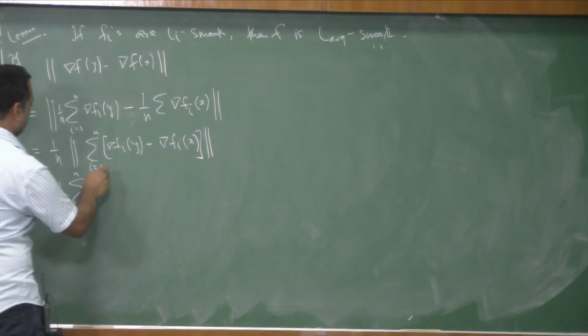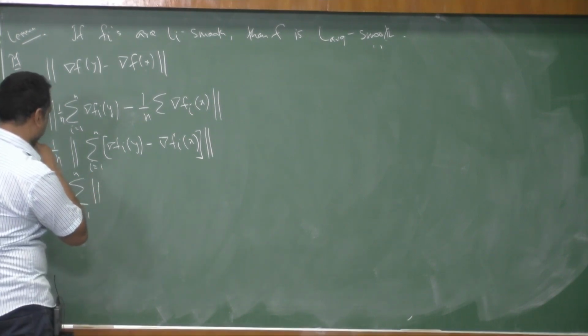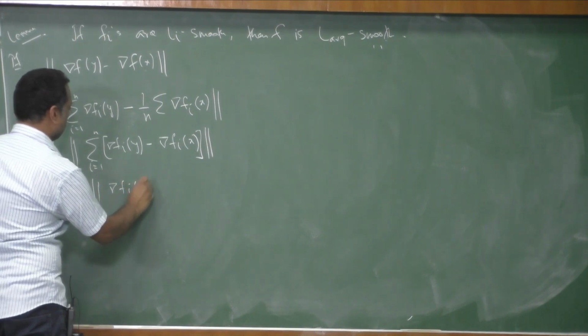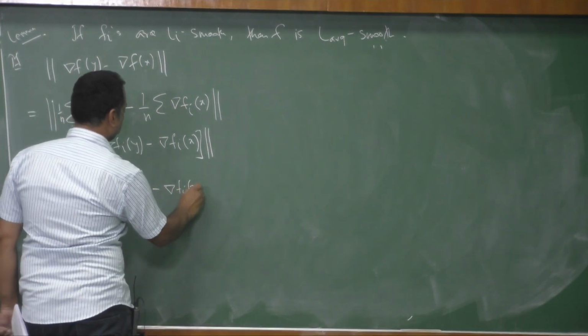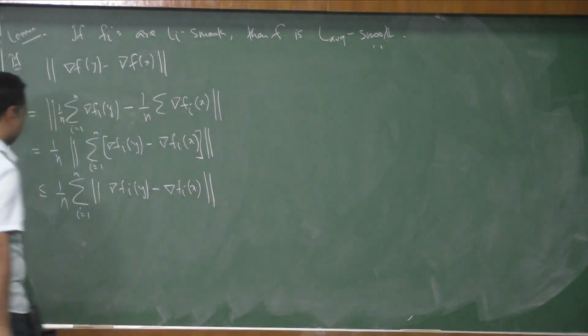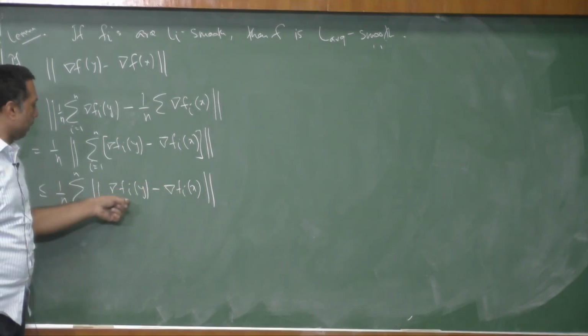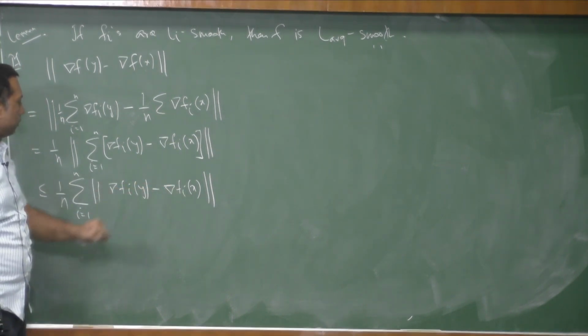So the sum goes out, the norm goes inside, and we have norm of grad fi(y) minus grad fi(x). We have to show that f is L average smooth, but the fi's are Li smooth. So I can replace these by L times norm of y minus x.